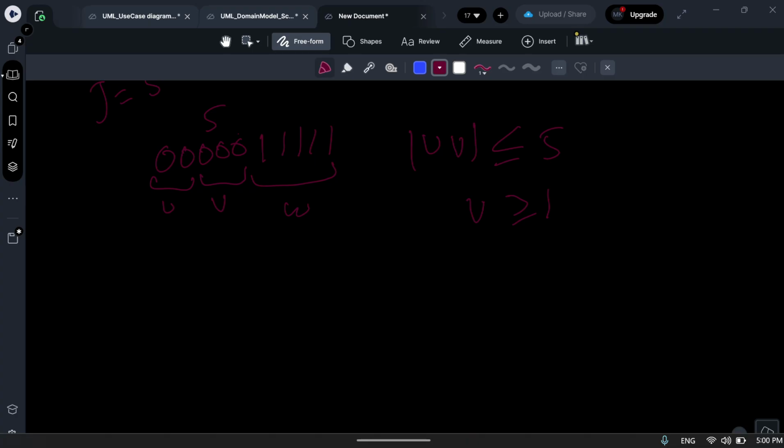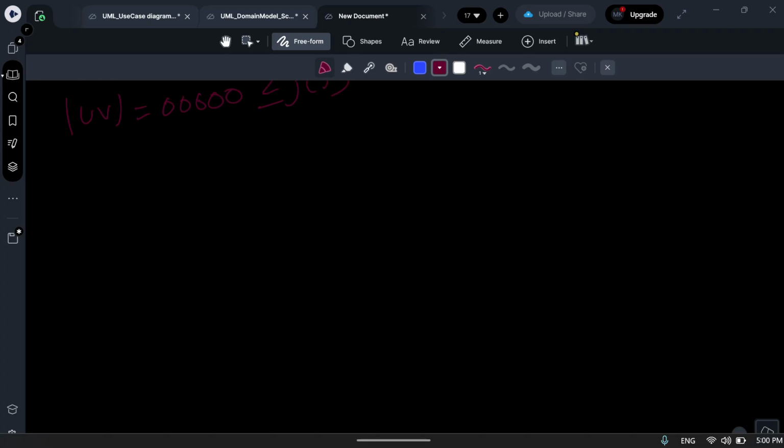Let's check the tracking variable r and the length of V. We know that V equals 3, because this is our r, and this is legal because r is bigger than or equal to 1, and UV combined are 1, 2, 3, 4, 5, which is less than or equal to j, which is 5.